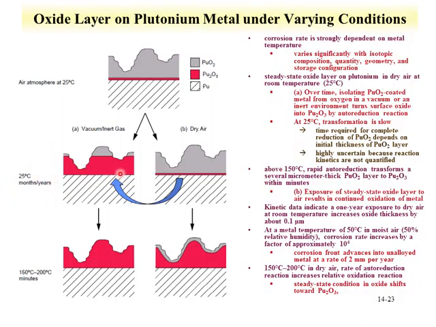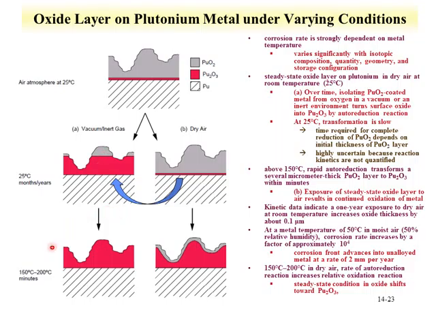over a long period of time is an increase of the growth of this Pu2O3 layer. Under dry air, it's a very thin layer. However, under the inert atmosphere, this layer can grow into a rather large layer.